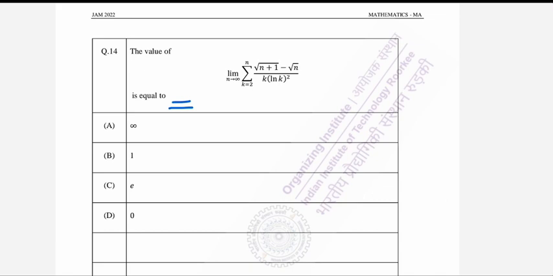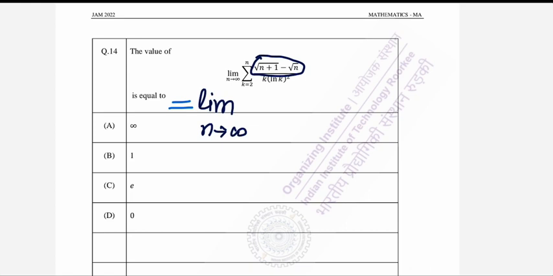Equals to limit n tends to infinity. Here in the numerator there is root n plus 1 minus root n, and you know n is not the variable, k is, so the numerator can be taken outside the summation sign.